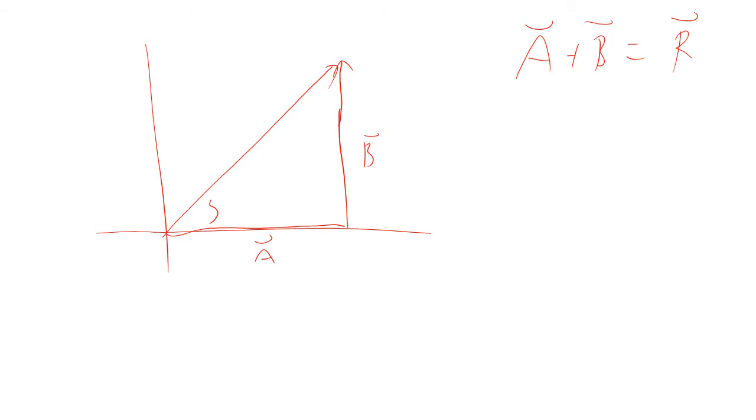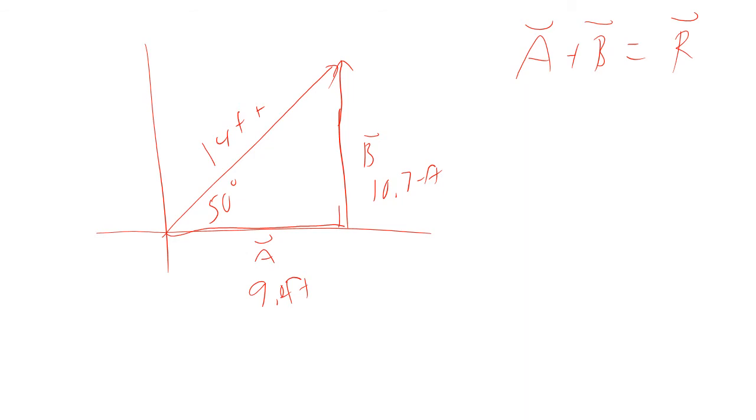If that is going to be 14 feet at 50 degrees, that means that vector A has to be 9 feet, and vector B has to be 10.7 feet. Now, how do we say 9 feet in the x direction and 10.7 feet in the y direction?